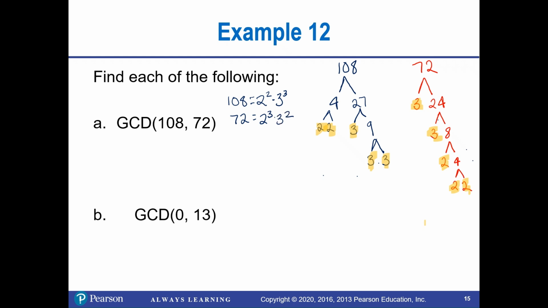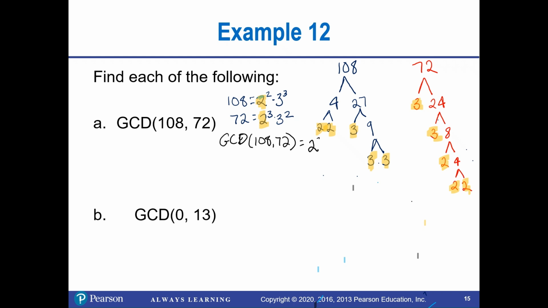So that prime factorization method tells me that I take each of the prime factors that they have in common. So they both actually have a 2 as a common factor. So the greatest common divisor will have 2, and then I take the lowest power. So the lowest power I have is a 2.